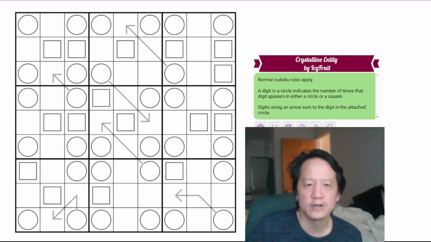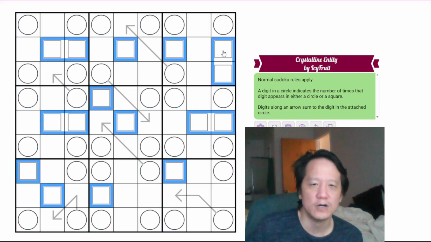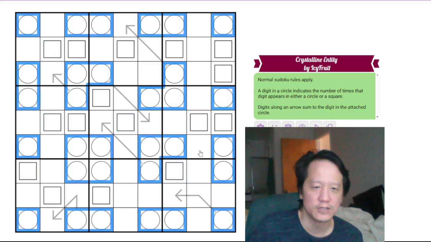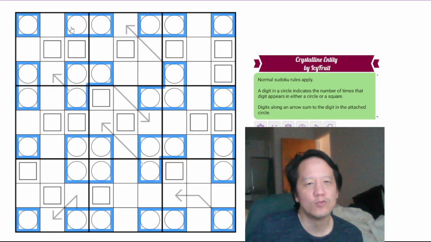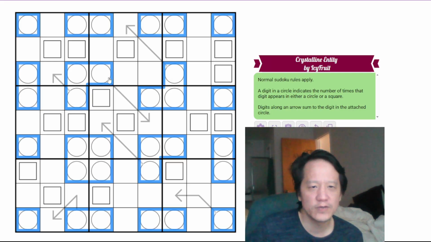Let's go. Okay. Let's count up the number of squares and circles in this puzzle. I'm guessing it's 45. We have 1, 2, 3, ... up to 31.